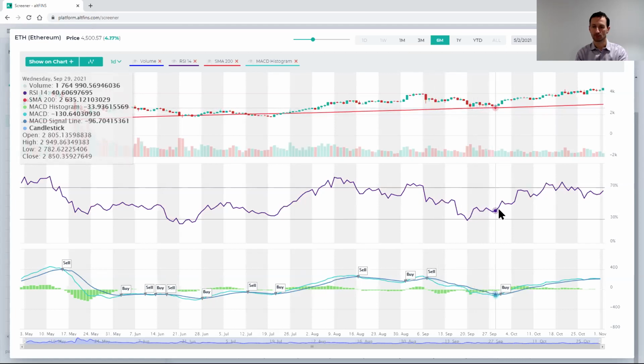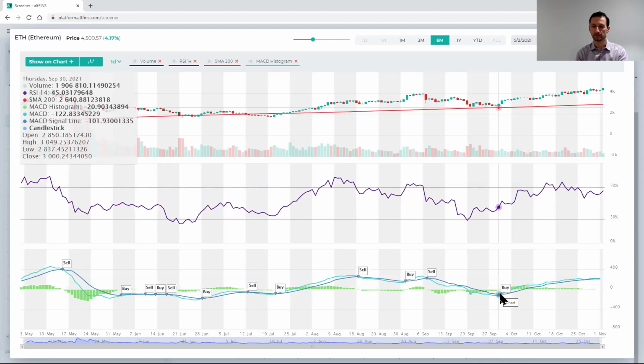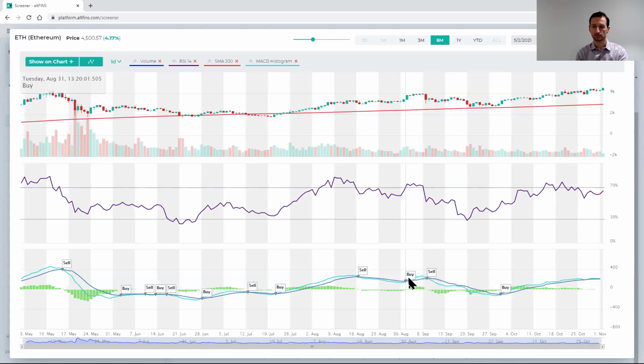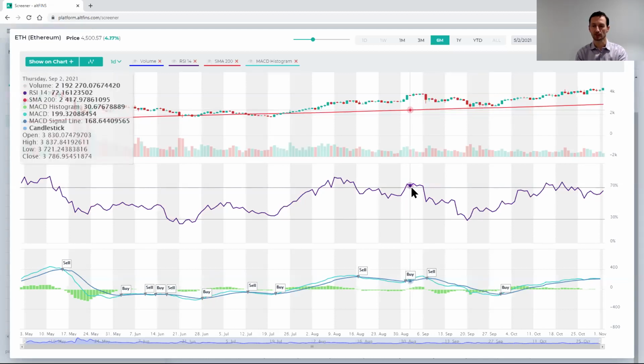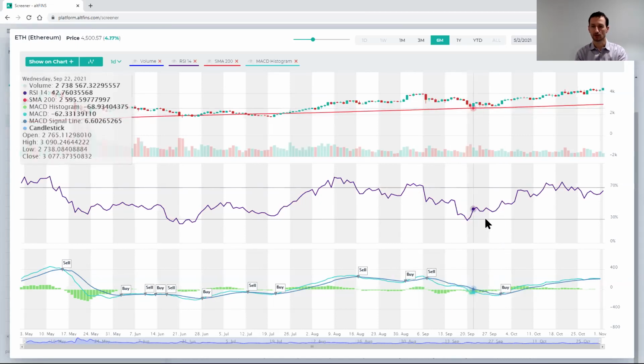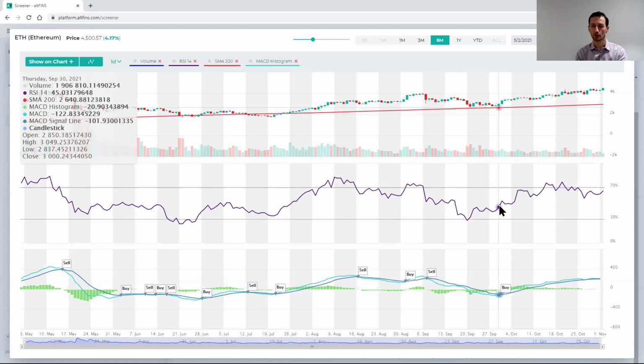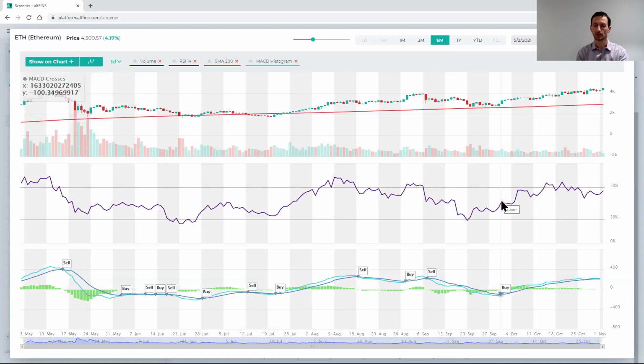And then another bullish crossover happened here. Similarly, I got my buy. So right here, I've got my buy, but the RSI was already above 70, so I didn't really get a confirmation. But here, after the swing down and then started picking up the momentum, I got a MACD buy signal that was shortly preceded or followed by an RSI crossover over 50.